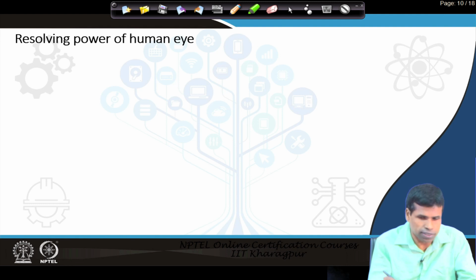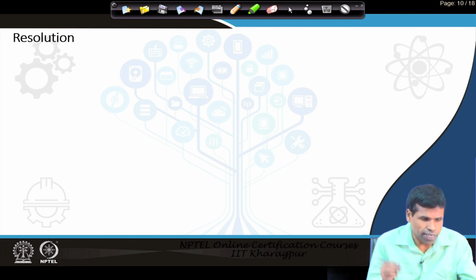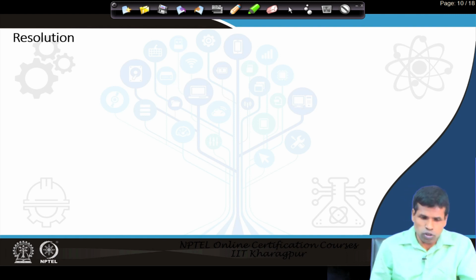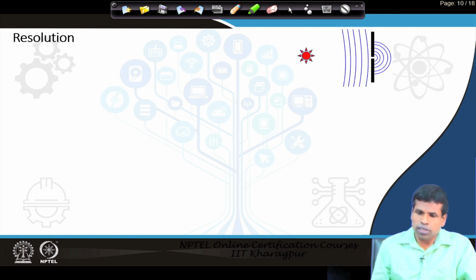Resolving power. Okay, let us talk about resolution. Even though lenses used in the microscope are perfect, resolution would be limited by diffraction. Diffraction occurs when a wavefront is blocked or impeded by an object. As you see here, this almost parallel wavefront emerges as a spherical wavefront after passing through an aperture.